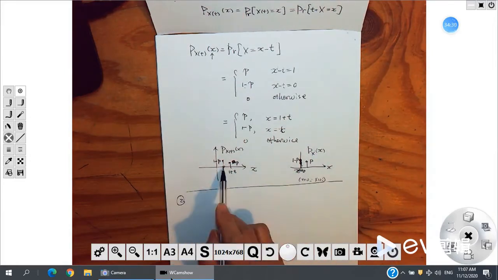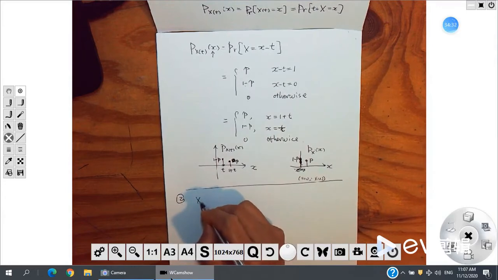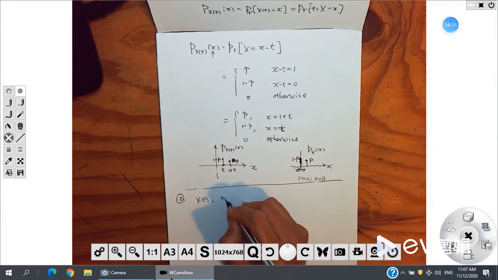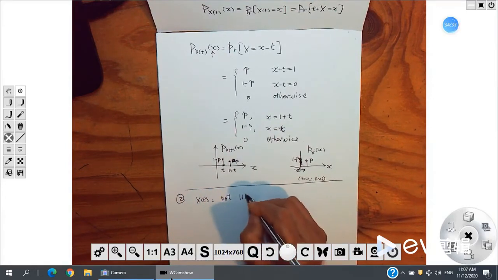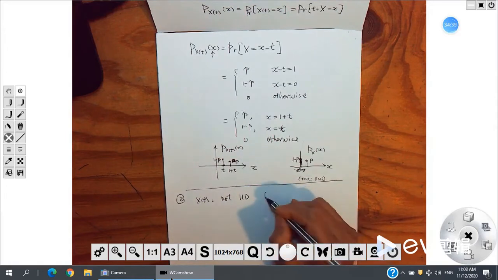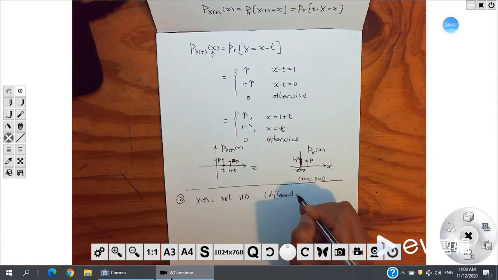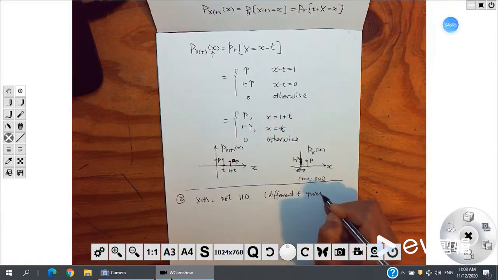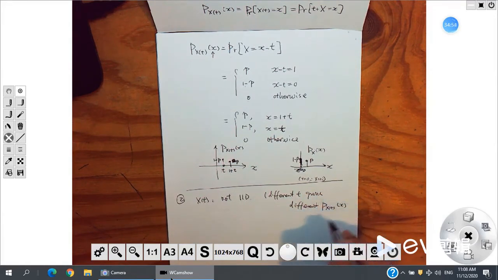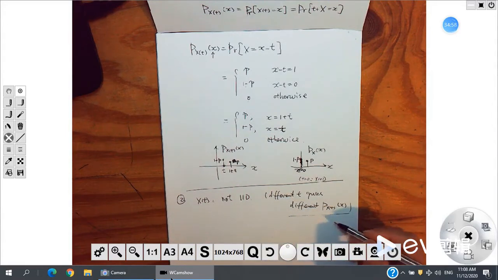They are different. So we say X of t is not IID. Different t gives different P_{X_t}(x). For IID, they must be the same and independent. So here they are not the same.